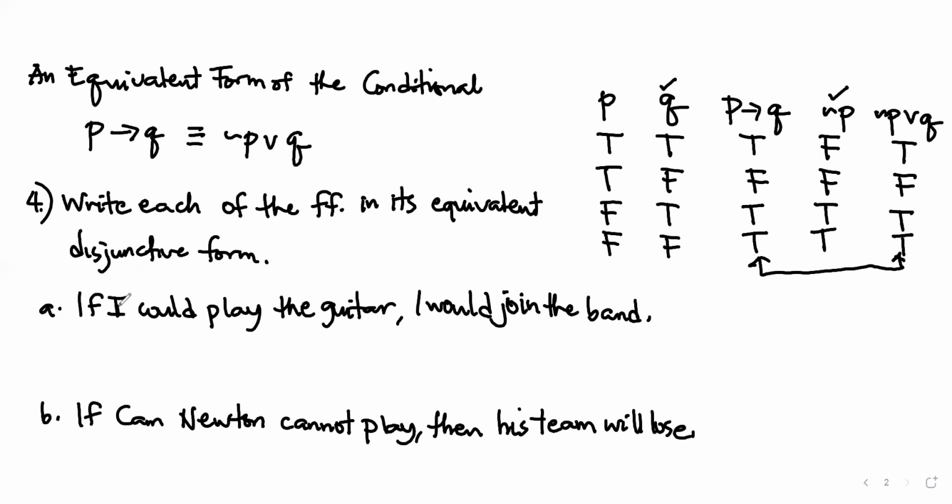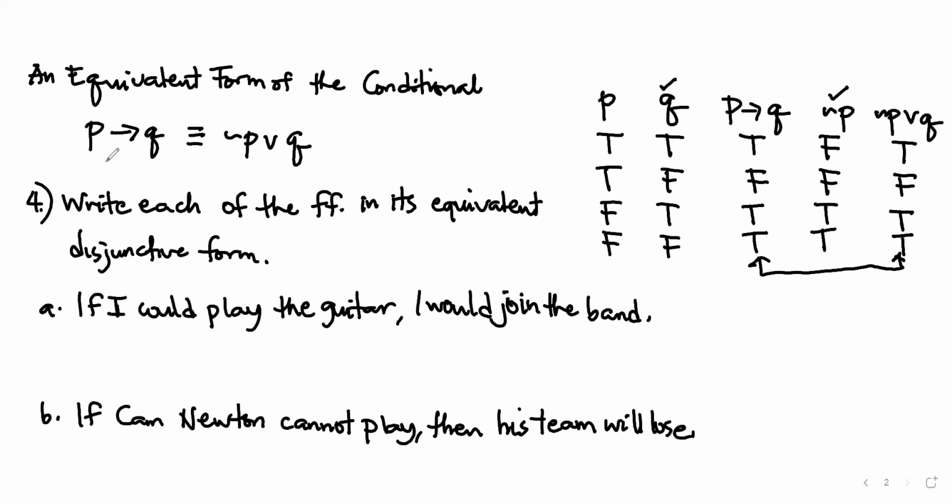Write each of the following in its equivalent disjunctive form. The given is in if-then form. We will write the given in its equivalent disjunctive form. So given this implication, P implies Q, we're going to write it in this form, not P or Q. Letter A: if I could play the guitar, I would join the band.